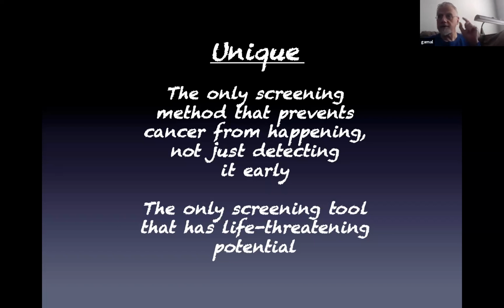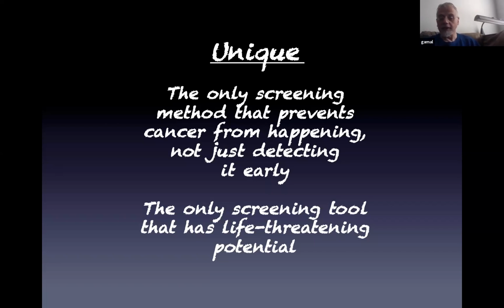All colon cancers start as a polyp. Every single colon cancer we see must start as a polyp first. So theoretically, if you're getting rid of all the polyps in the colon, you're getting rid of all the colon cancer, which is theoretical, of course, because that's not reality, that's not happening.